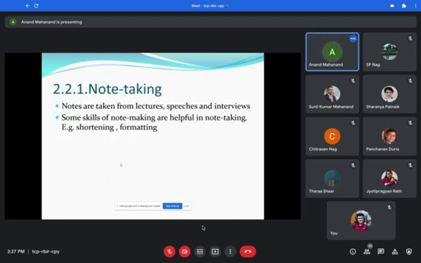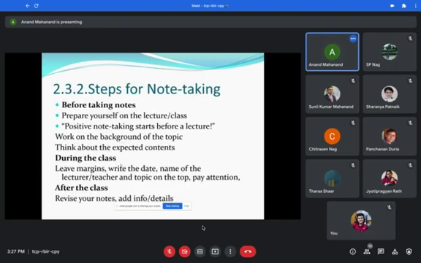Then note taking, I told you that we take notes from lectures, speeches, and interviews, and some skills of note making will help you in note taking too, like shortening, formatting, using symbols and other things. Okay. Then steps for note taking, I told you in the last class.